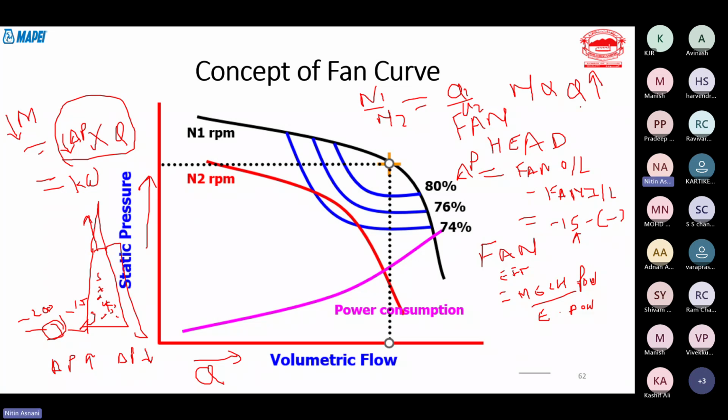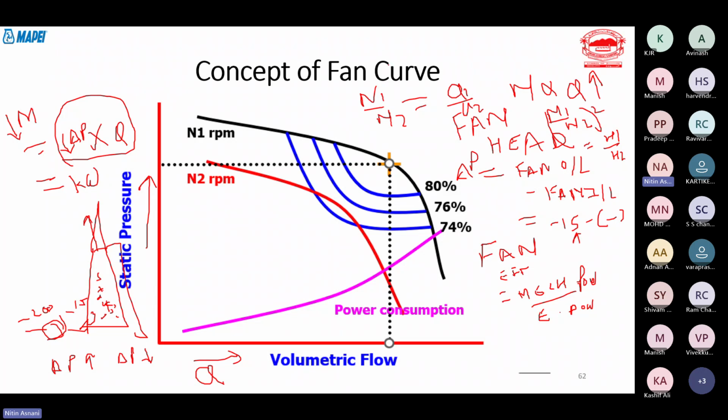It means if I increase the RPM by 10%, then my flow will also increase by 10%. But when we're talking about the head, (N1 by N2) whole square equals H1 by H2.